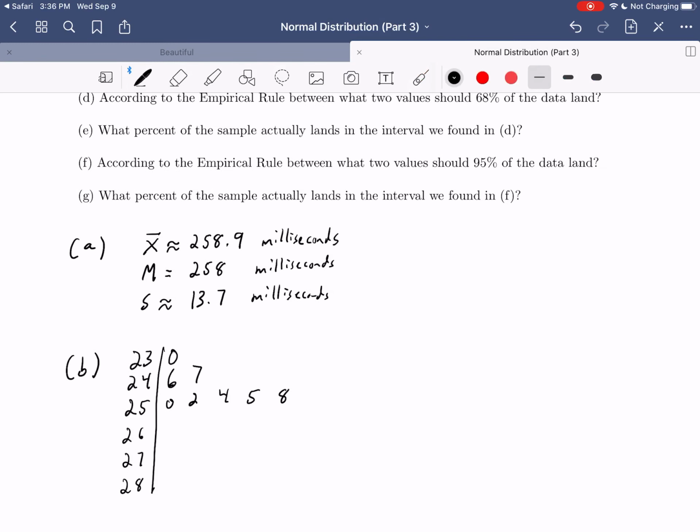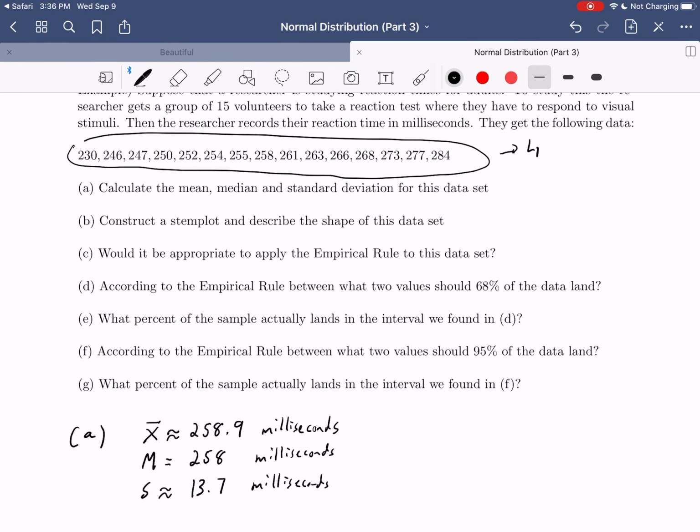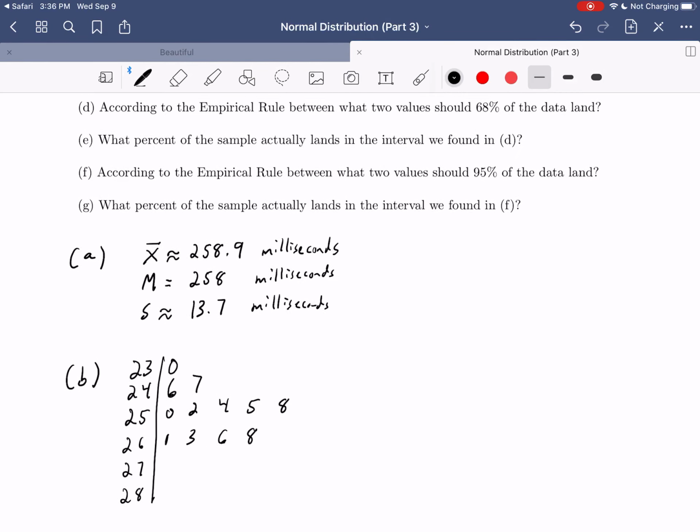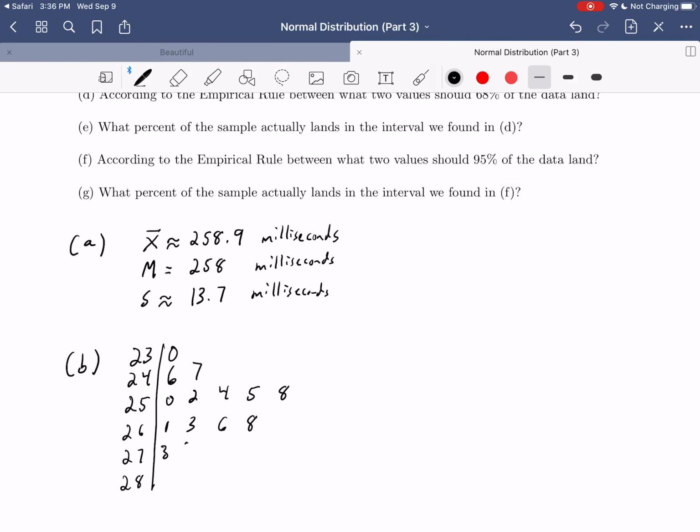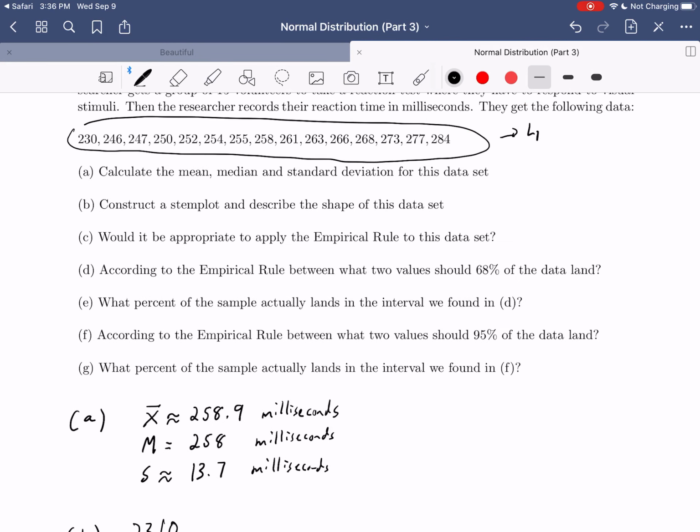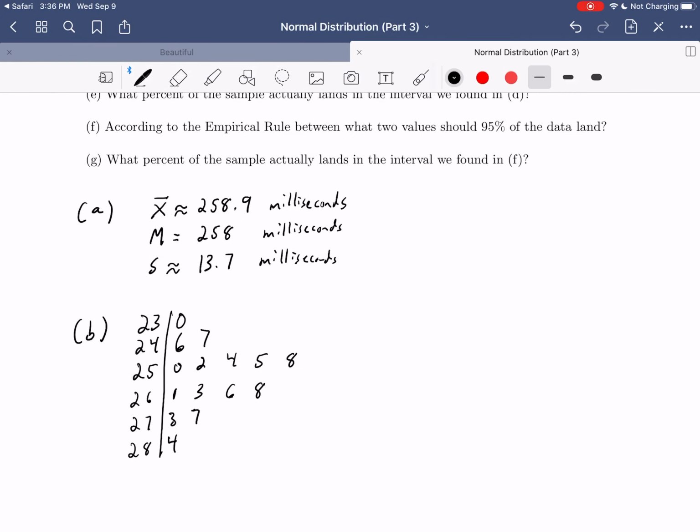For the 27s, we have 3 and 7. And then for the 28s, we have just that 4 there. So there we go. There's our stem and leaf plot. We can include a key below it. 23|0, for example, is 230 milliseconds.